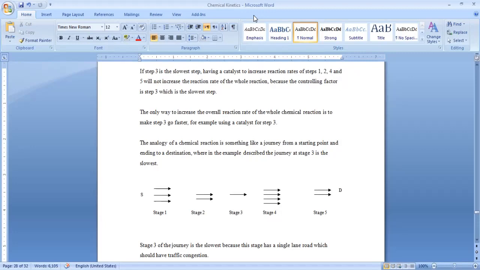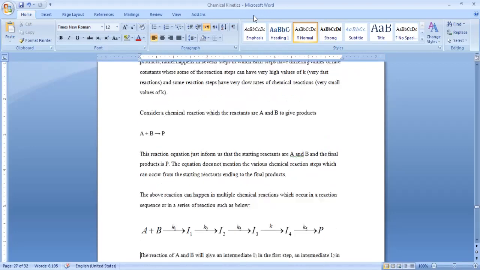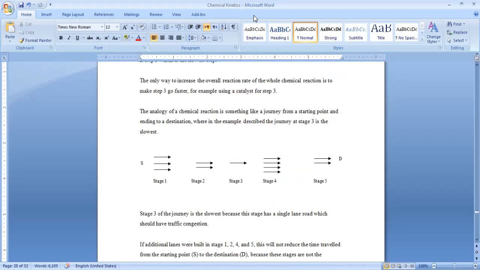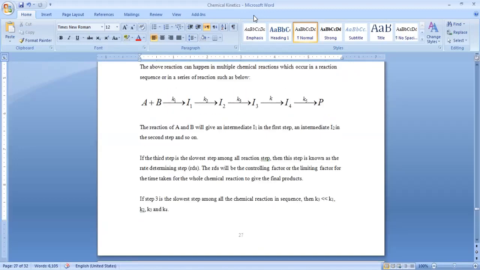Therefore we can make an analogy for this series of chemical reactions by someone traveling from a starting point to a destination point. So when we have A plus B as the reactants, when they react, they give the intermediate. I is the intermediate.